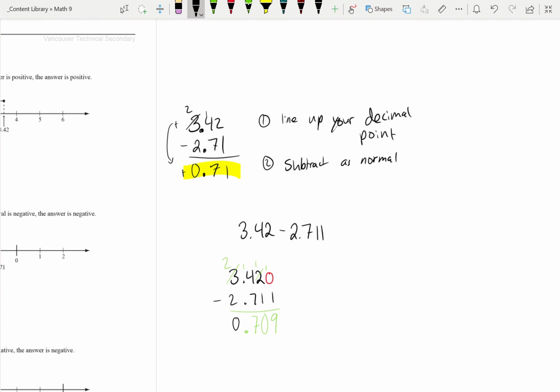So I have 3.42 minus 2.711 is equal to 0.709. So keep in mind, that's one of the tricks, is if you have numbers to different decimal places, that you're adding zeros until they all line up.